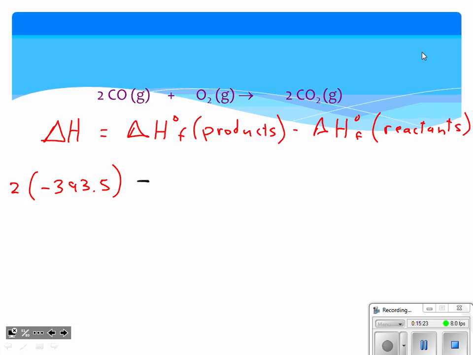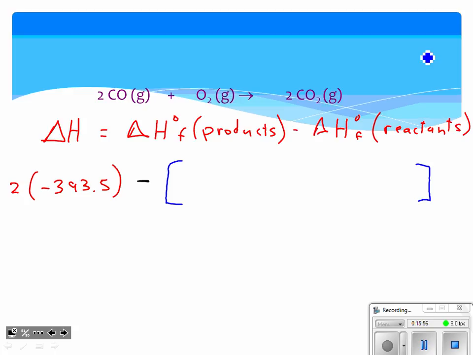So I'm going to put this in big brackets, just to signify that I have to have all of this added together before I could subtract it. So I look up my enthalpy for carbon monoxide as a gas, and that is what?